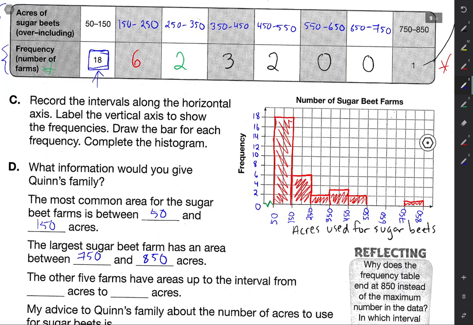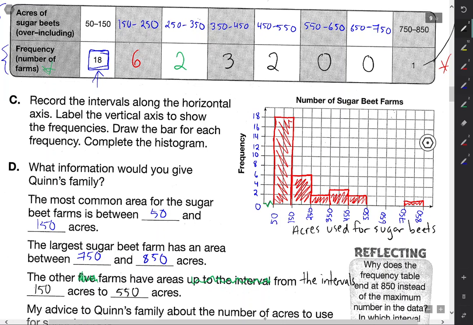The other 5 farms have areas up to the interval from blank acres to blank acres. I'm going to reword this next one here because I don't really like the way it's written. It doesn't really make sense to me. So we're going to say the other farms have areas from the intervals, and we're going to put 150 acres to 550 acres.